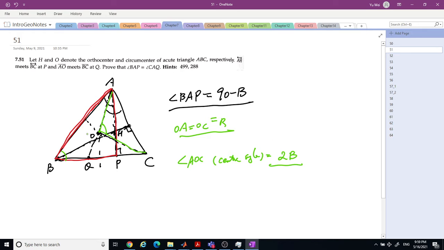Because this is an isosceles triangle, CAQ is equal to 90 minus B. So this one is also 90 minus B, so they are equal.